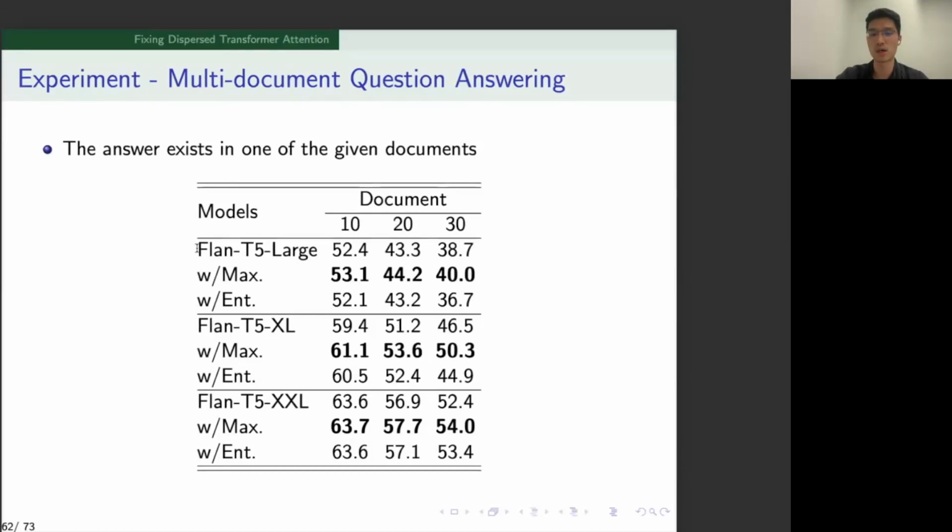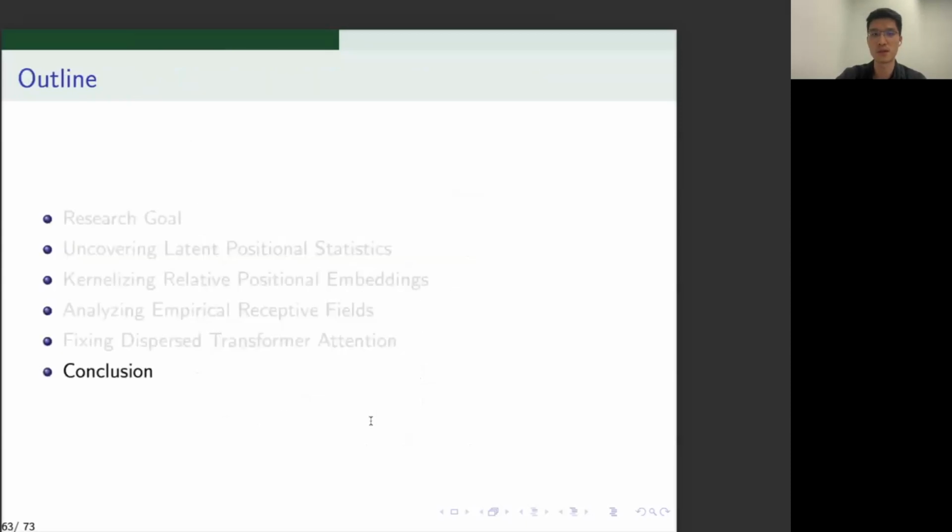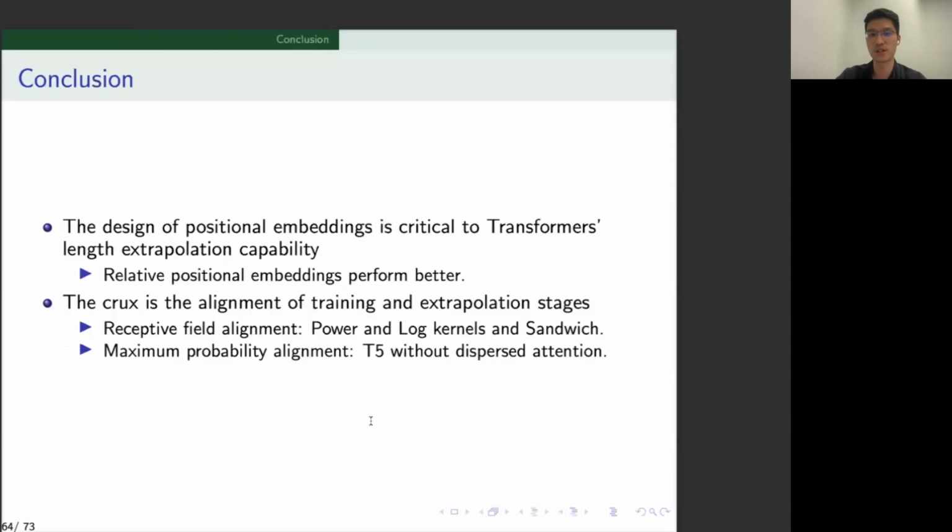As we can see, with the applied fix, we can boost the QA performance. This is accuracy, and a perfect score is 100. With the applied fix, for example, with the max alignment strategy, we can boost the QA performance consistently across different numbers of documents or different sequence lengths. Yeah, so that's basically it.